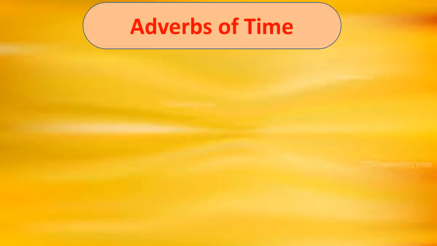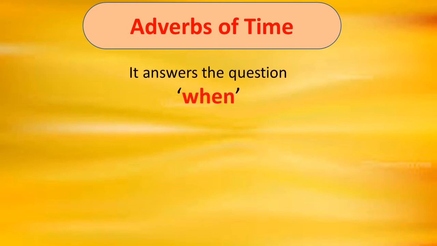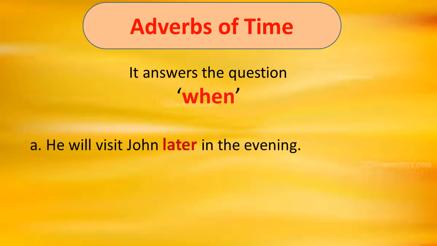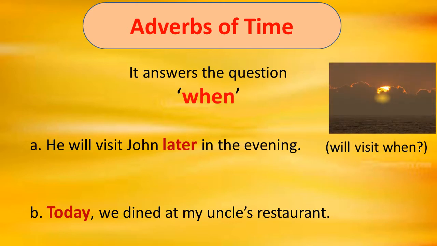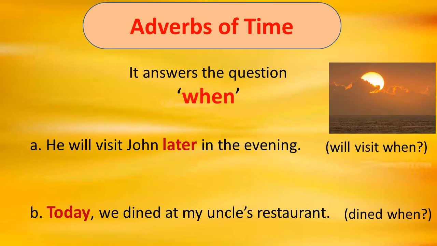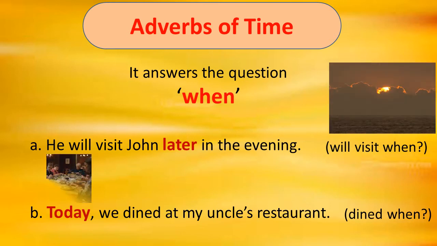Next, we have adverbs of time. An adverb of time tells us when the action takes place. It answers the question when. The first example says he will visit John later in the evening. Will visit when? So it answers the question when, later in the evening. The second example says today we dined at my uncle's restaurant.